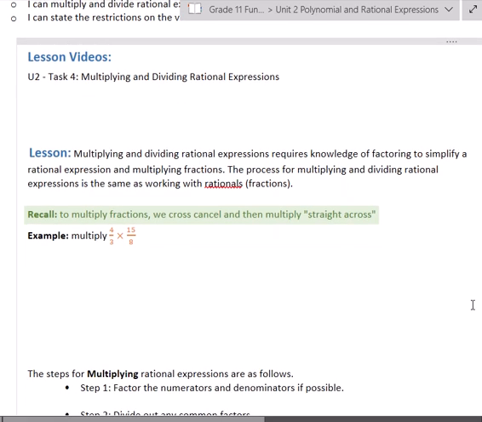So if we're multiplying 4 over 3 times 15 over 8, we can either multiply straight across, so for instance 4 times 15 and 3 times 8, that would give us 60 over 24.